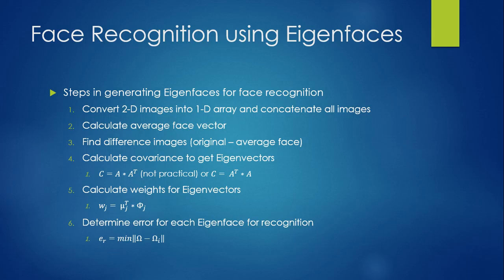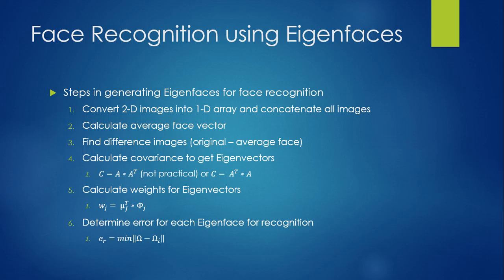Because the average face vector is going to be very blurry due to the different shapes of the nose and the chin and eyes of every individual, subtracting out the low frequency of every image will help bring out the higher frequencies within the actual image and face itself. So after we have the difference images, then we can go ahead and start calculating our eigenvectors.